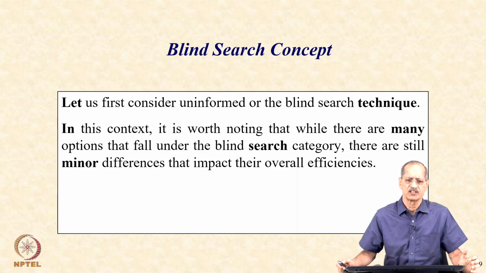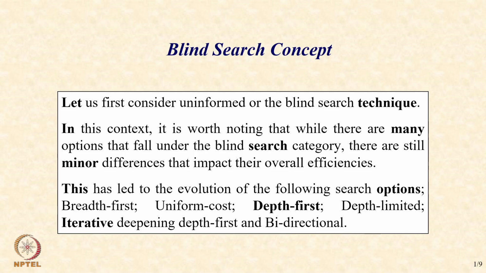So, blind search strategies are essentially of that type. Of course, there are still minor differences between their impact and their overall efficiencies. So, we will look at all of them which are pertinent to the kind of problem that we are intending to solve. So, this has actually resulted in 4 to 5 options as follows.